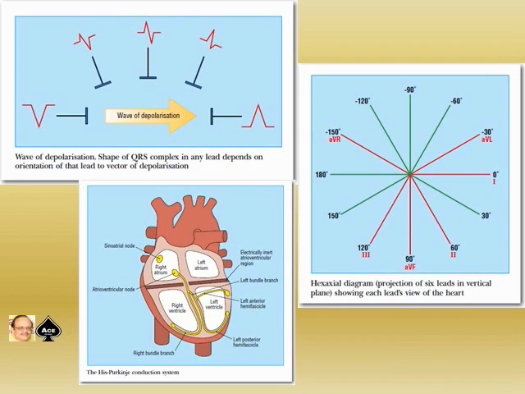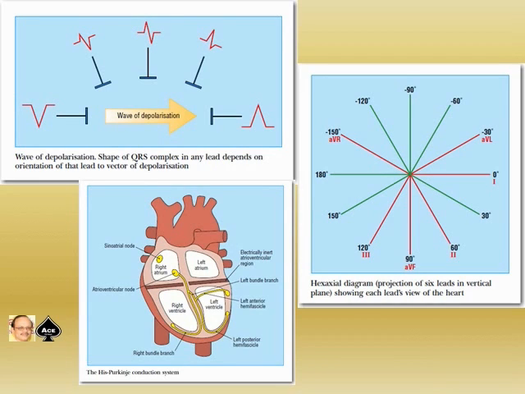The third panel seen in this frame is showing the various axes. They are numbered 1, 2, 3, AVR, AVL and AVF, and between two adjacent axes you can see the angle is around 30 degrees, and the total 12 leads make it 360 degrees. So the lower half is plus 180 and the upper half is minus 180.